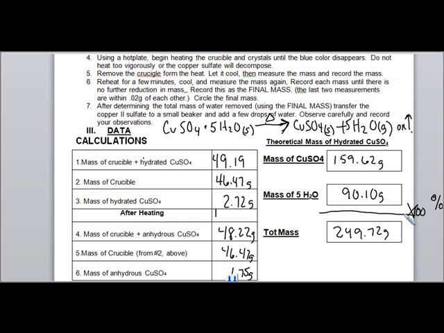What are the percentages? 36.08% here, and so that would leave what? 63.92% here, okay? Everybody got that? This is 100%.